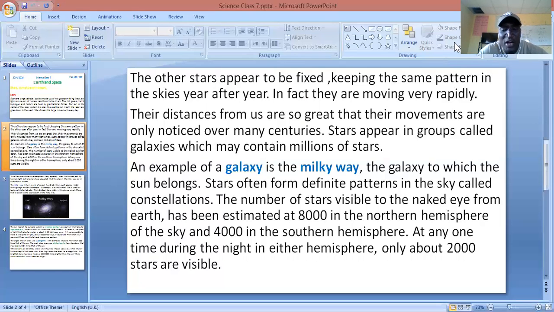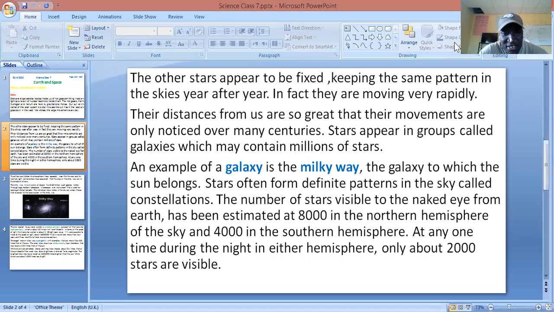Meaning, the stars that we can see from Earth with our naked eyes are 8,000 in the northern hemisphere and 4,000 in the southern hemisphere. Others are too far away from us, such that you need a telescope to observe them.